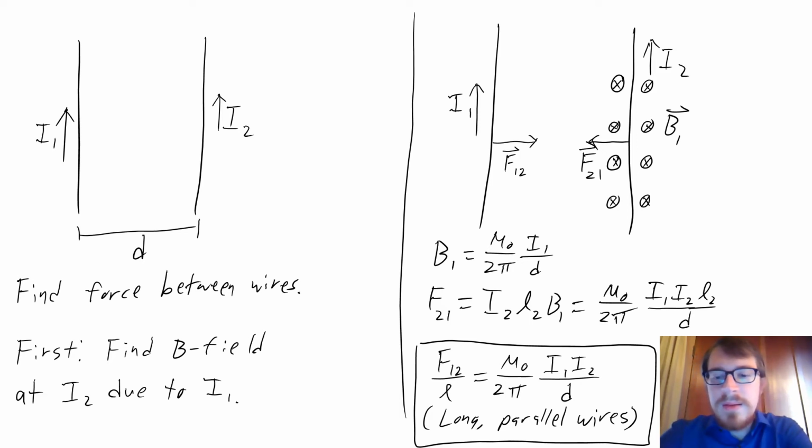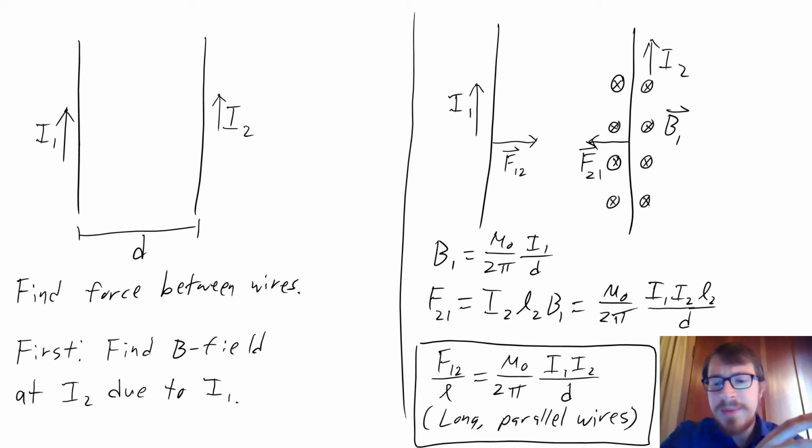It should also be noted that the direction of this force can be found by the right-hand rule. Again, the version of the right-hand rule that applies here has the index finger in the direction of the current, the rest of your fingers in the direction of the magnetic field, and then your thumb gives you the direction of the force. So the force on current 2 due to current 1 is to the left.